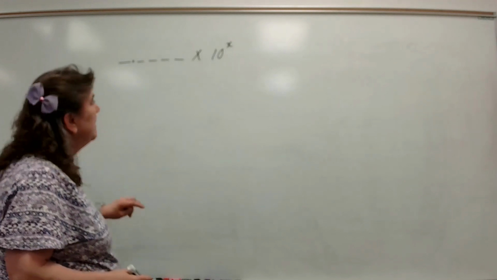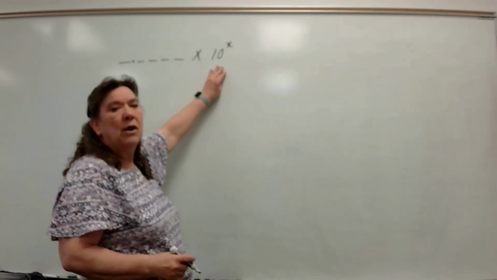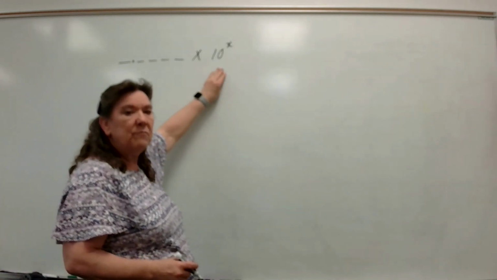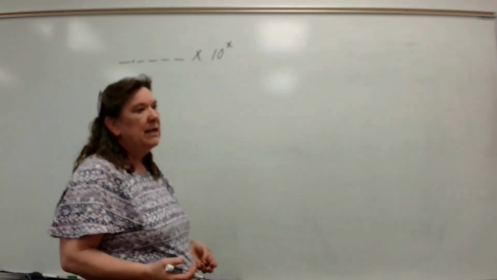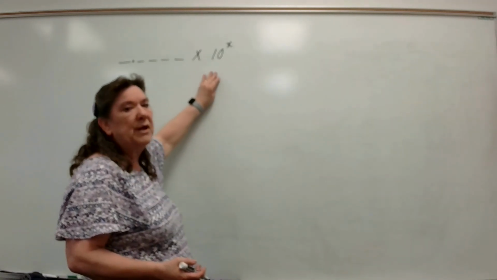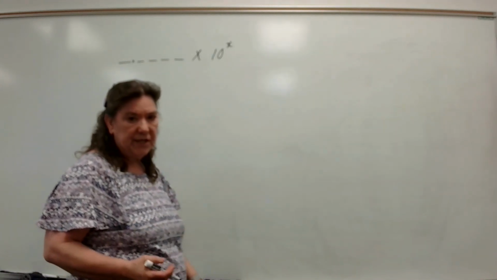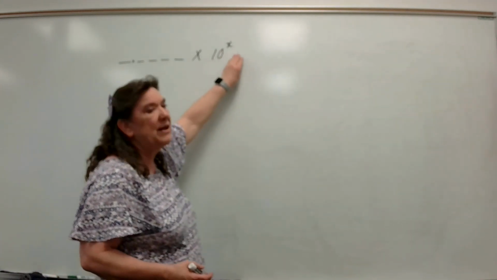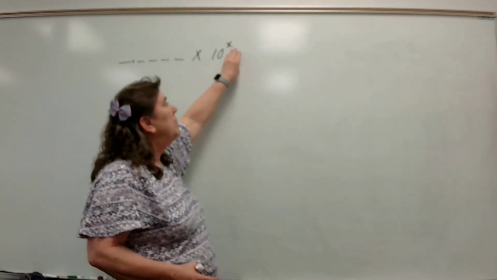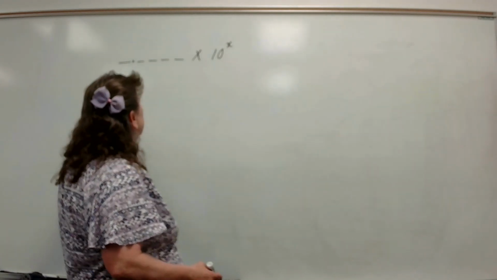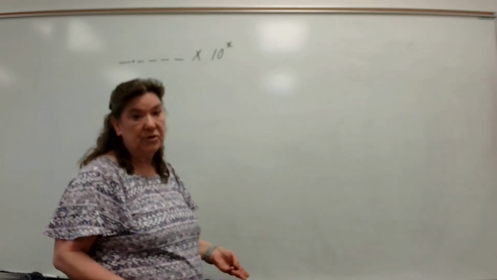Okay? And this is the only case where we start using negative powers of 10 when we're working with exponents. We use it especially with scientific notation because a negative exponent means this number is going to be very small. A positive exponent means this number is going to be big, large, okay?